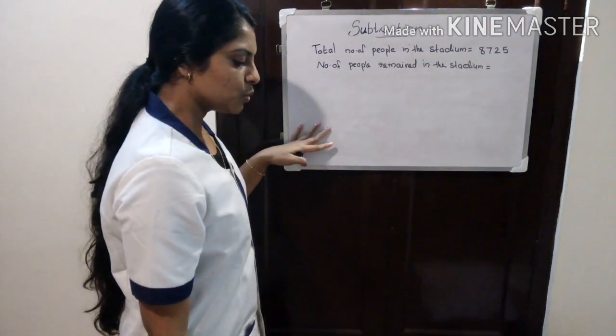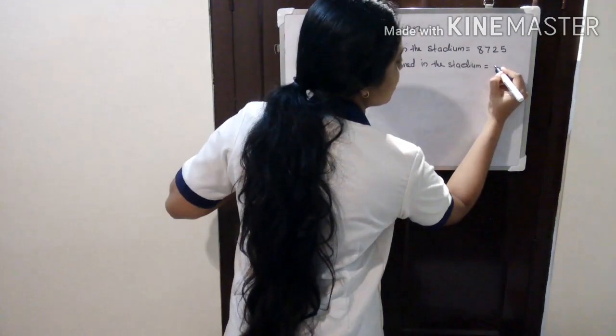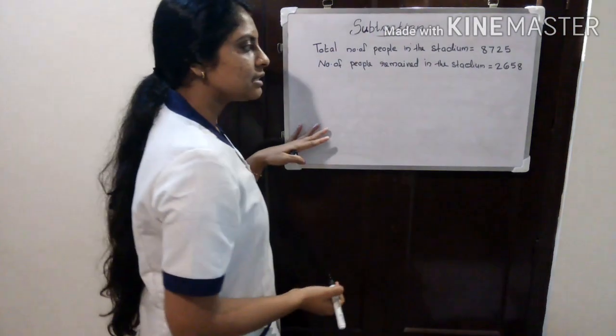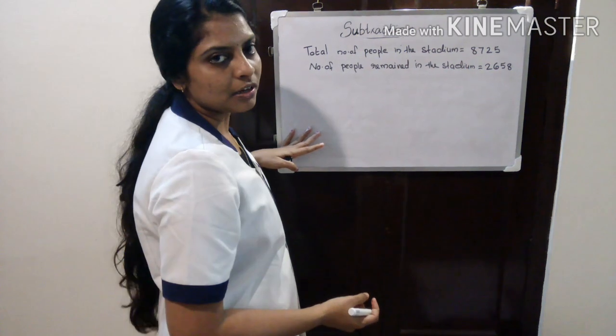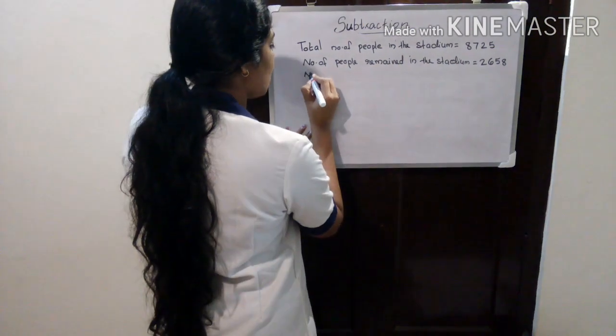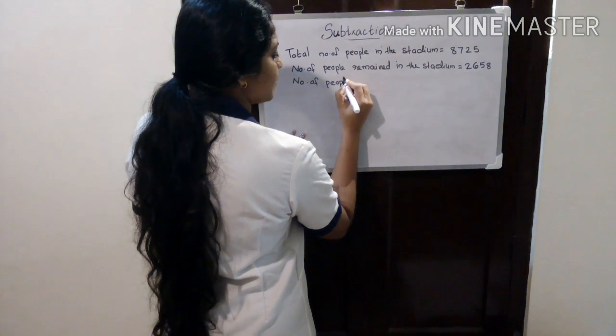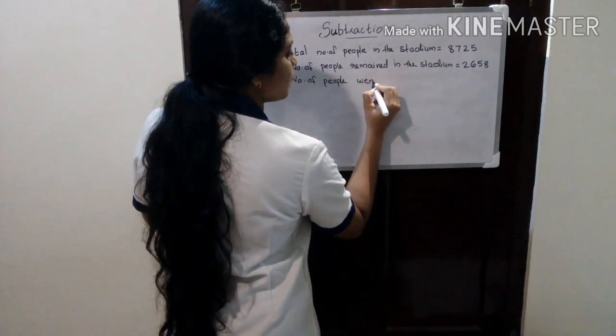That is 2,658. What is the next step? The number of people who went out.